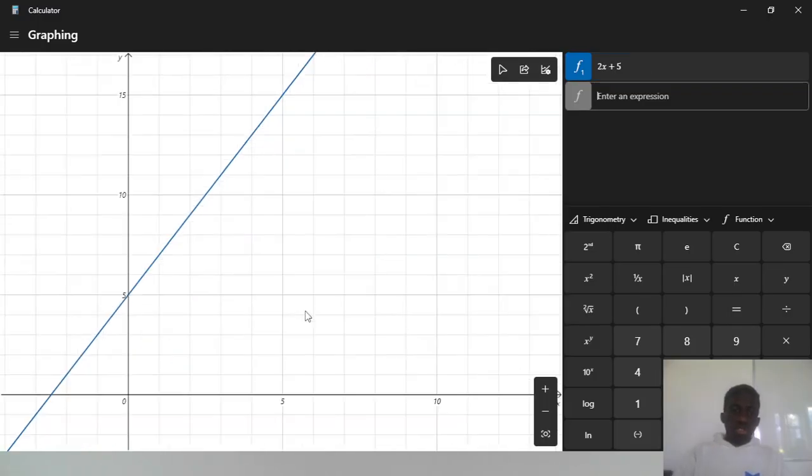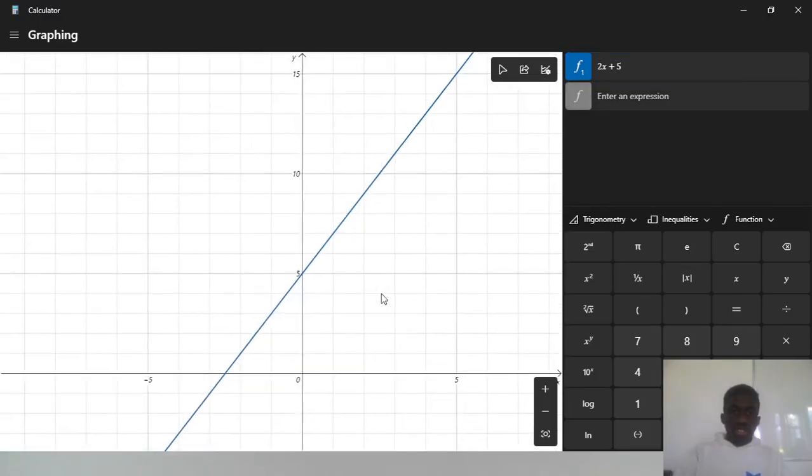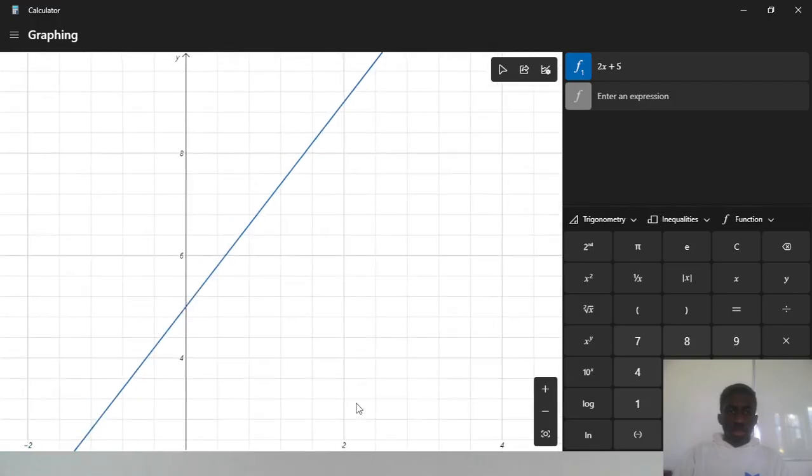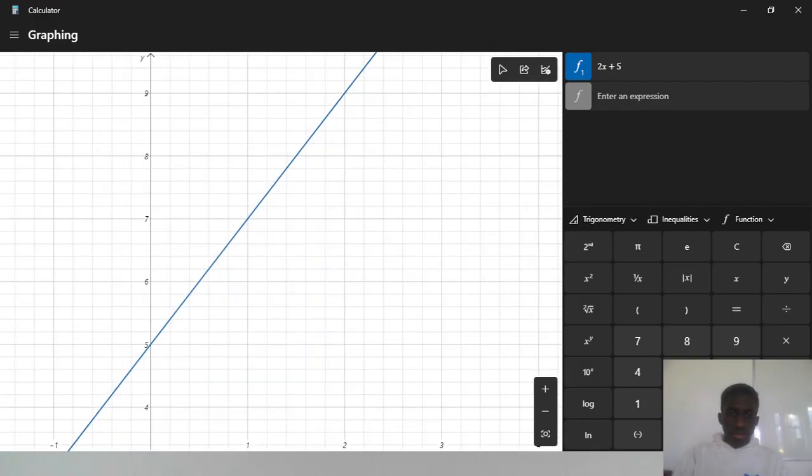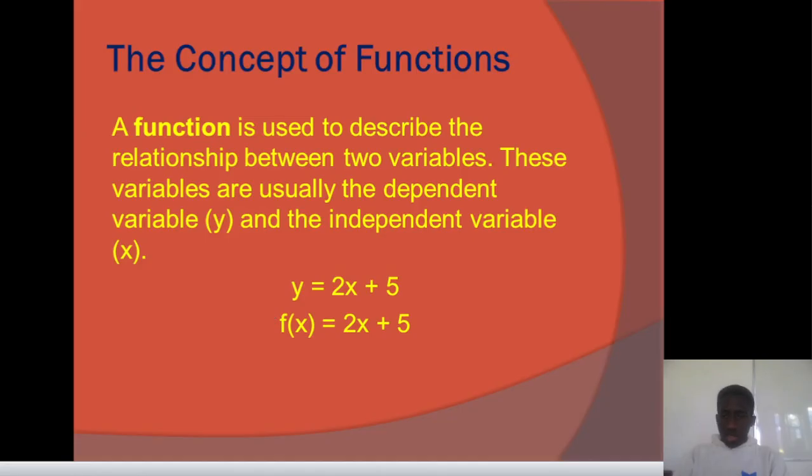So 2 corresponds to 9 on this graph. When x is 2, we trace up, and then we see that y is equal to 9. So that's how it basically works. So that's all about functions.